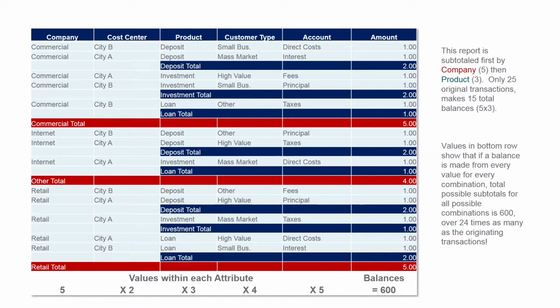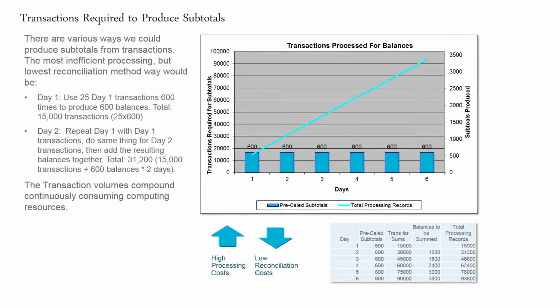Let's imagine for a moment, though, that we have to make these 600 balances, and let's say we have many more transactions than that. So as we move to understanding how we could go about making balances, we could begin with the transactions from the first day the company originated, and we could add together all the transactions to make the balances that are needed for the first day.